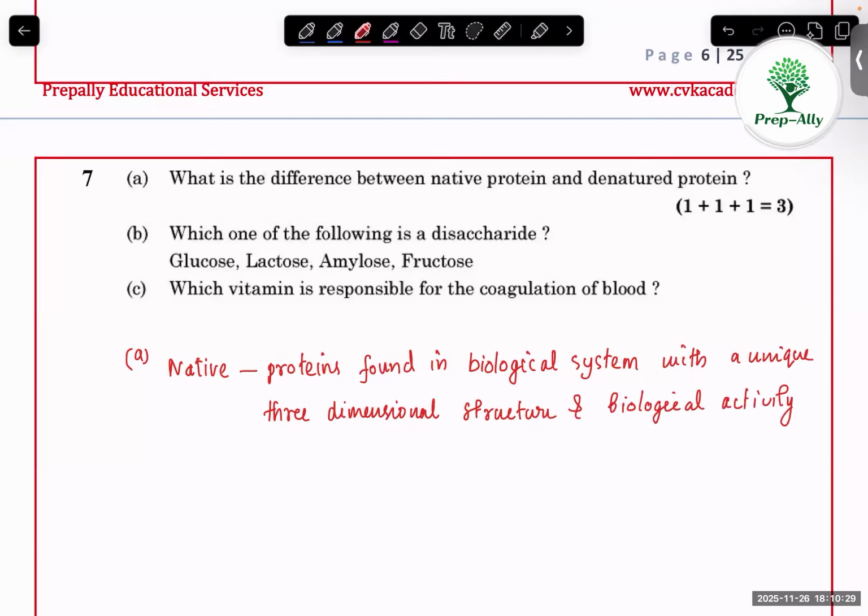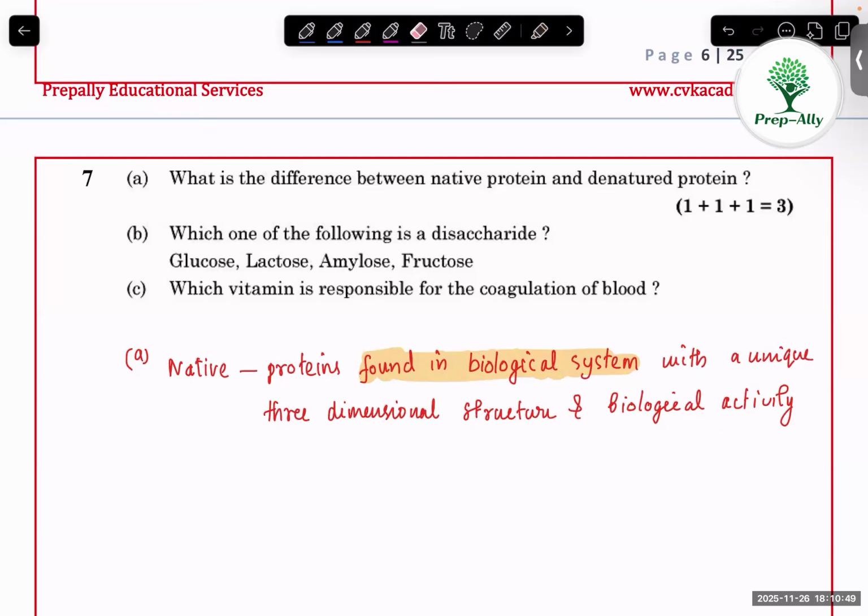Okay, so this is the native protein. So native protein is any protein's natural form. Simply speaking, it is a natural form of any protein, but you should not write that, okay, this is the natural form. So the first key point is it is found in every biological system. That is the first key point here. It is found in every biological system.